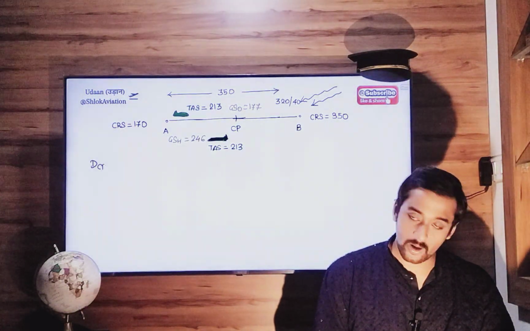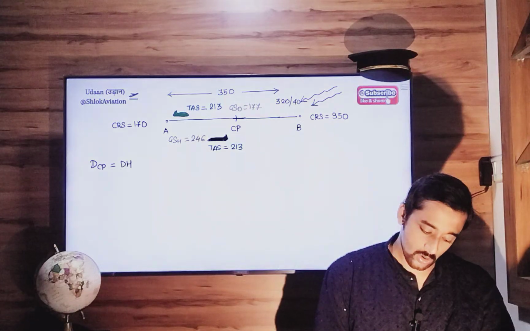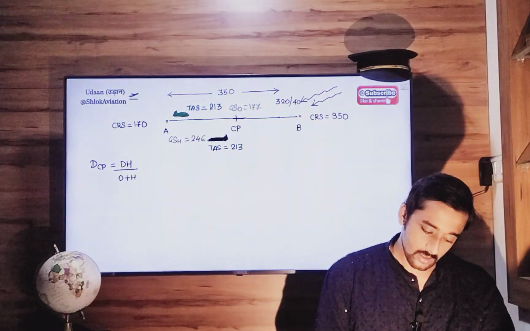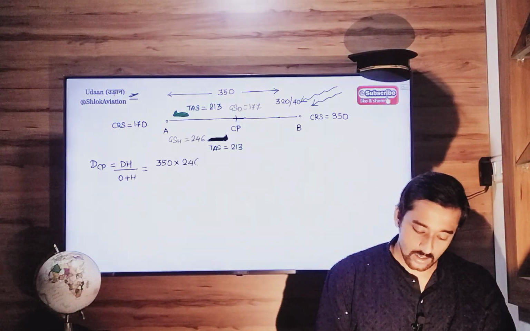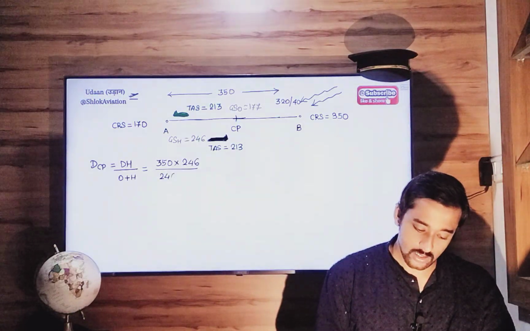Distance to critical point is D times H over O plus H. So 350 into 246, divided by the sum, gives 203.